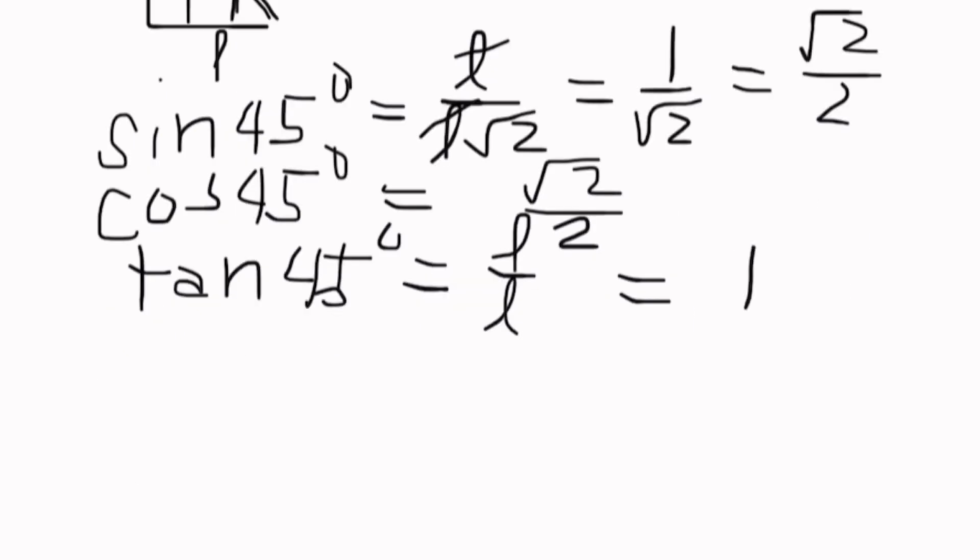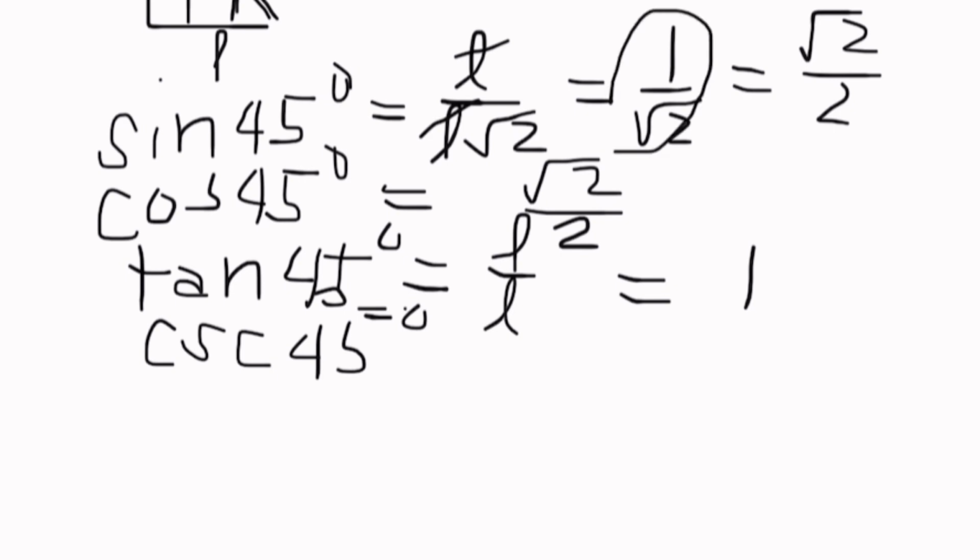Now, if we're going to have the cosecant, this is just the inverse of sine. So cosecant of 45 is just the reciprocal of 1 over square root of 2 here. So reciprocal of this one is square root of 2 over 1. So cosecant of 45 degrees is square root of 2.